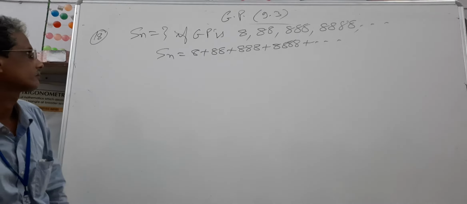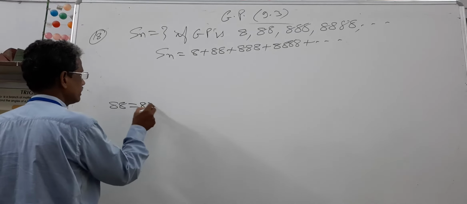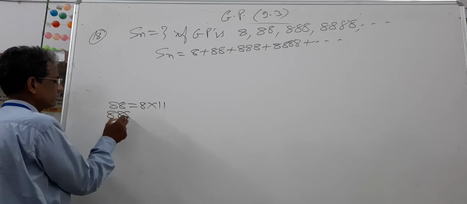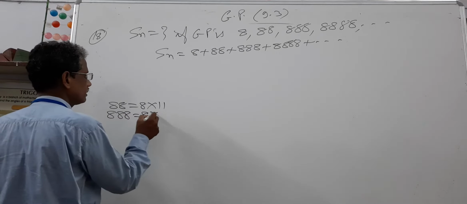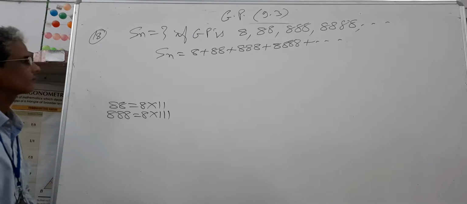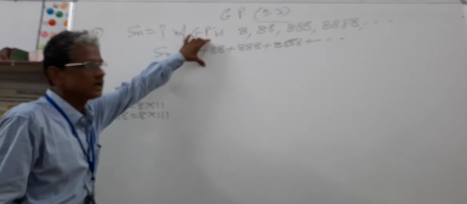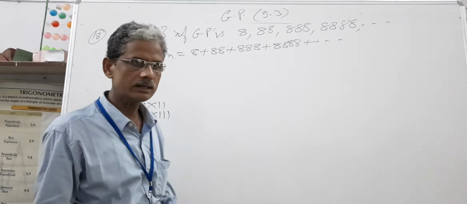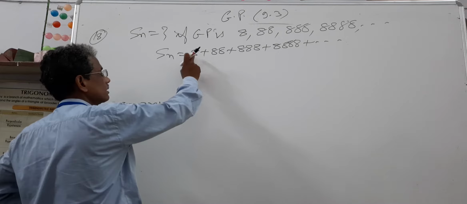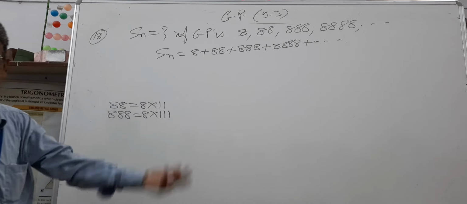As you know, 88 can be written as 8 into 11 and 888 can be written as 8 into 111. In such type of questions where one digit is again appended at the end, if this digit is 9, proceed as such.